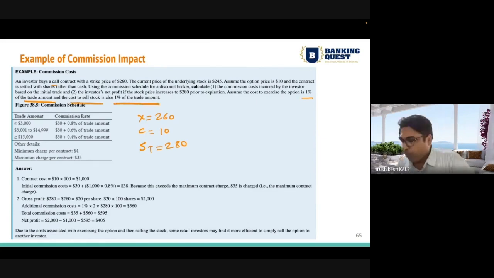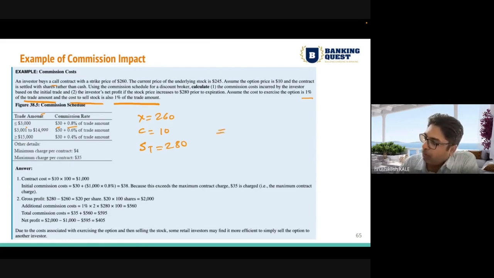Great. Okay. So first of all, we need to calculate the trade amount. If the trade amount is less than or equal to 3,000, then you have $30 commission plus 0.8% of trade amount. So let us calculate the trade amount.